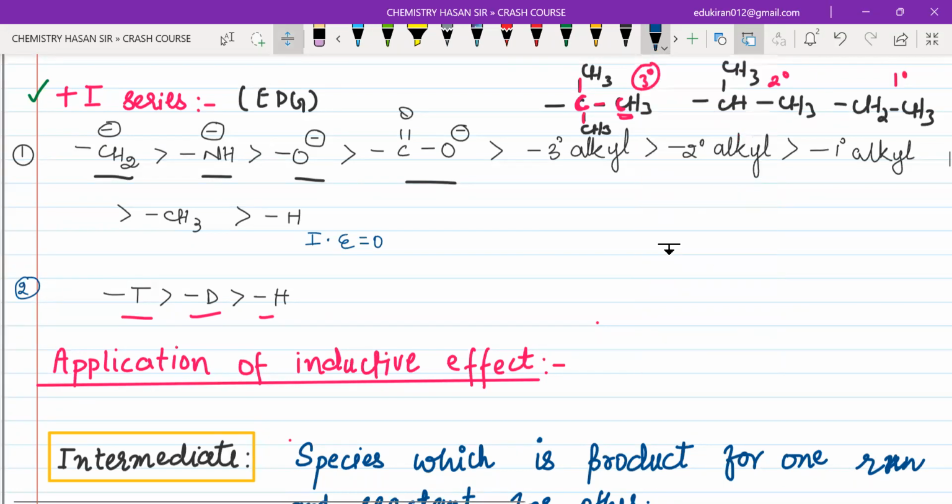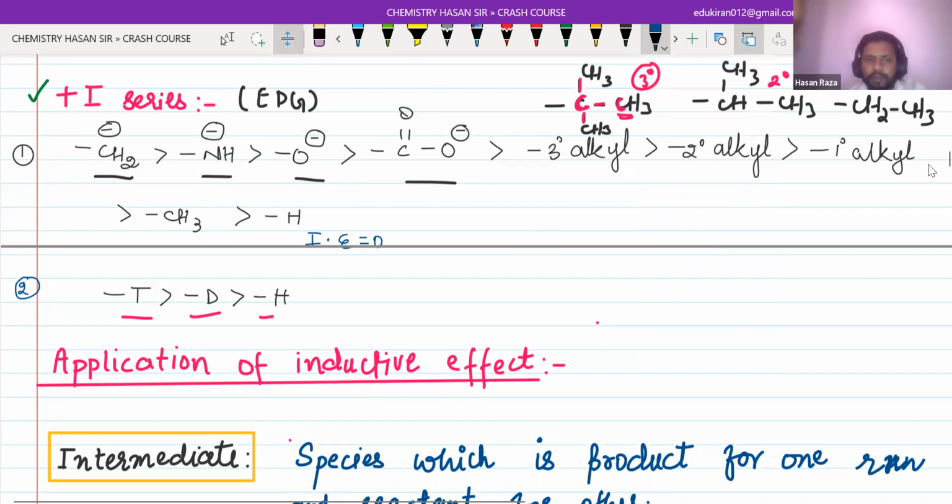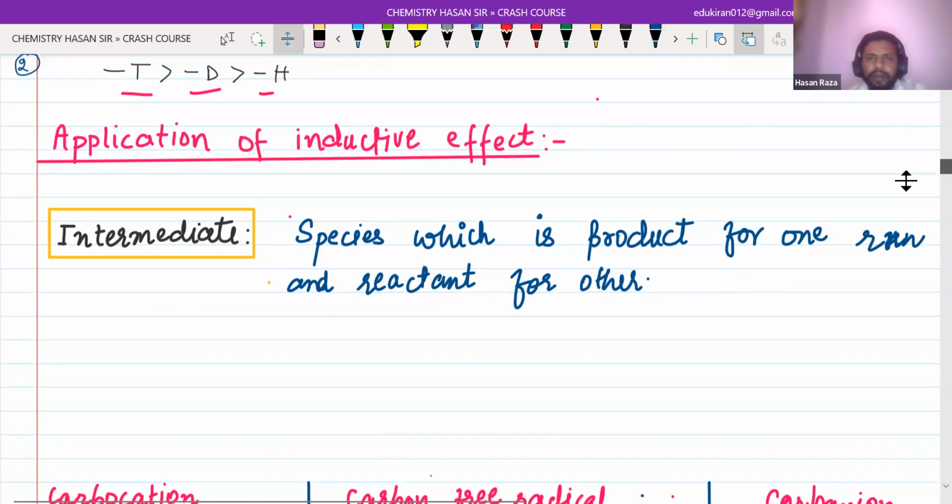Now we are going to discuss the application of inductive effect. First of all, we are going to discuss the intermediate. What is an intermediate?